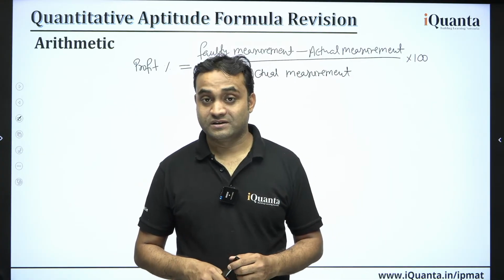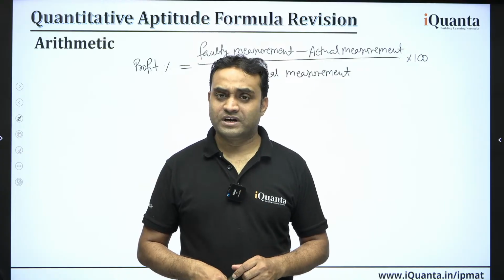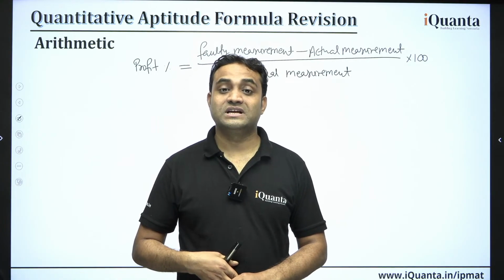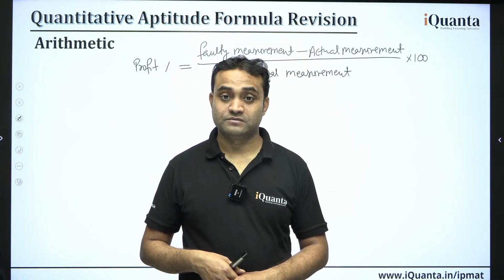All right. So, in that case, there could be multiple ways of finding different type of profit with different ways of cheating, right. So, how do we calculate if there are multiple cases given in one question? Then how do you calculate the overall profit? Okay.